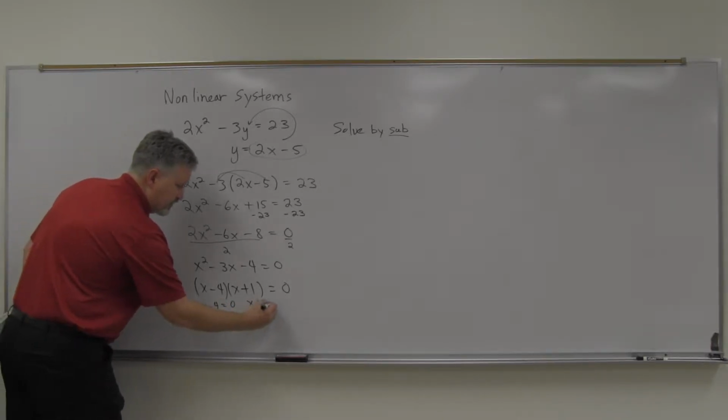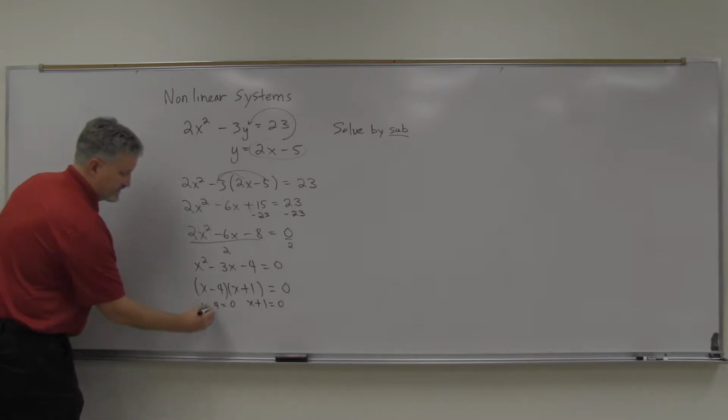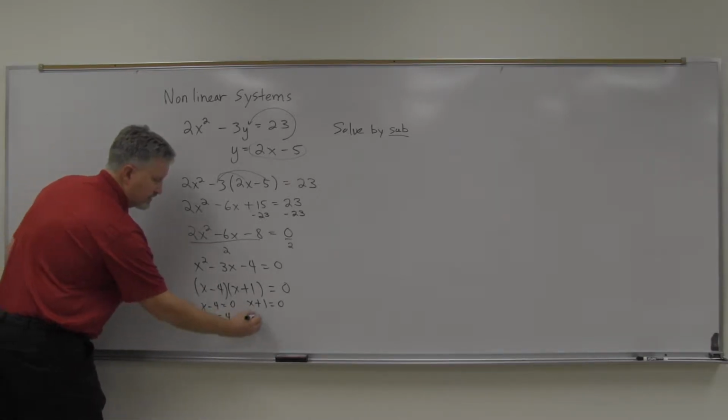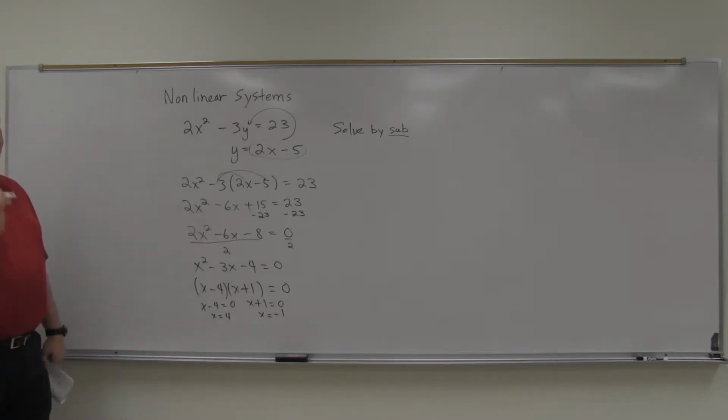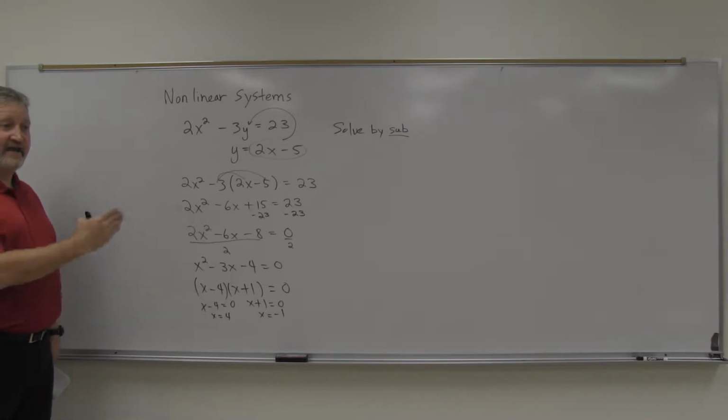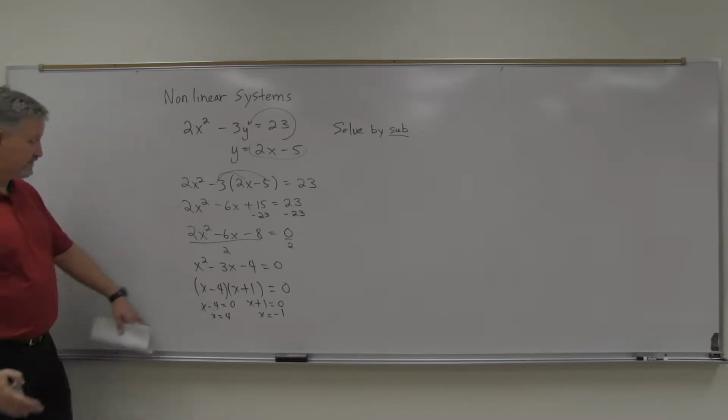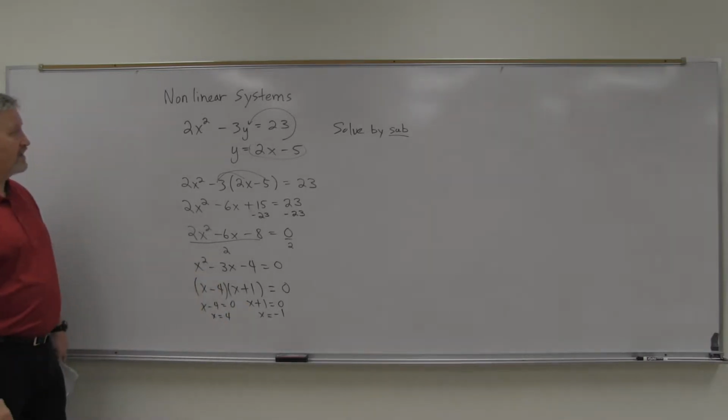Which gives me 2 equations of x. So add 4, you got x is 4. Subtract 1, you got x is negative 1. Now, not quite done, because we're talking about solutions to a system. And so I need an x and a y, don't I? And so these are the x, so I need to pair them with the y.